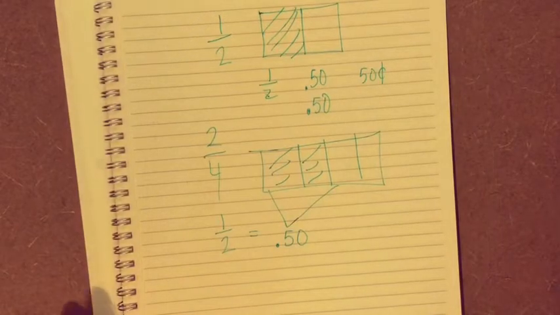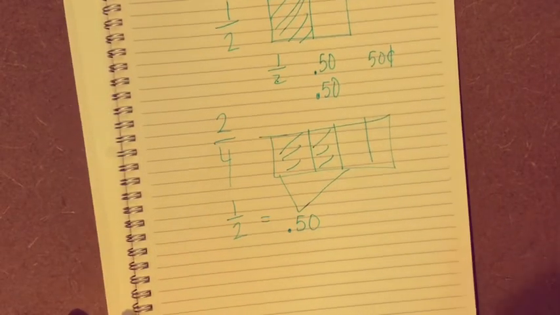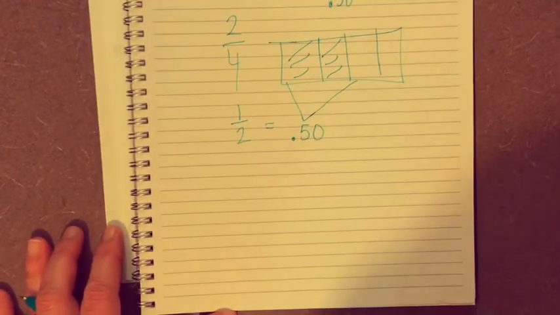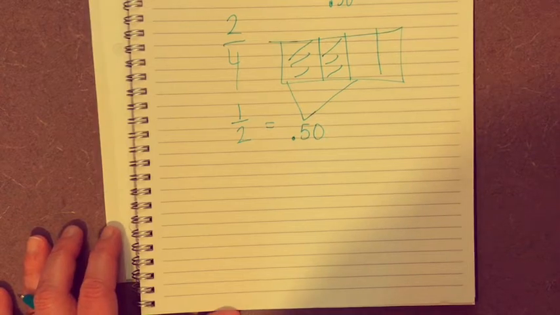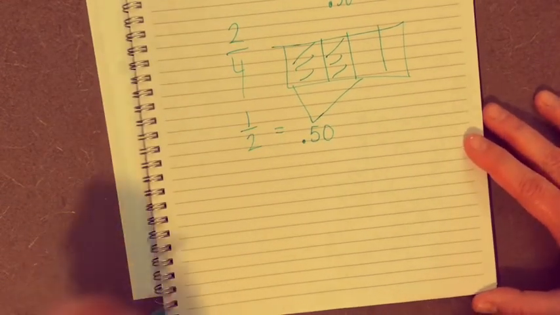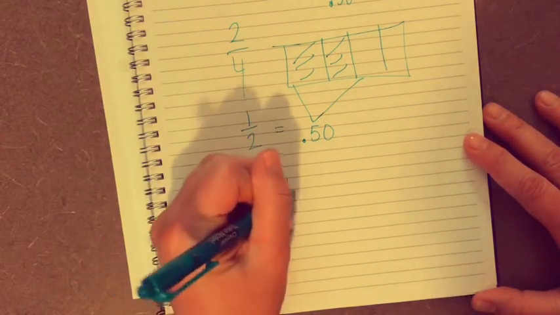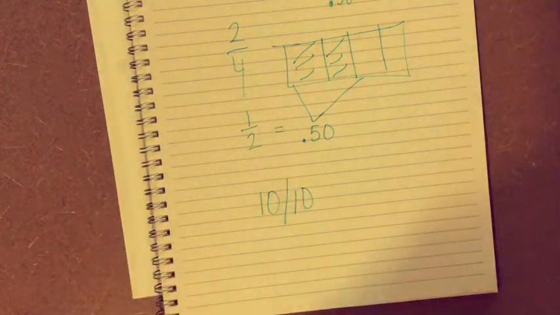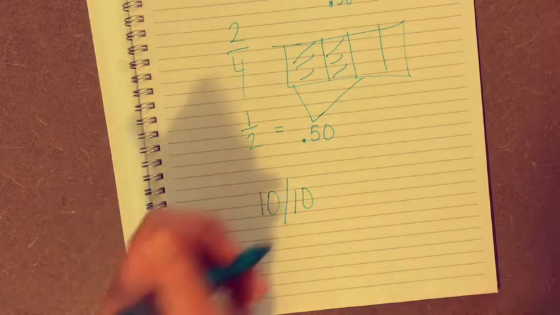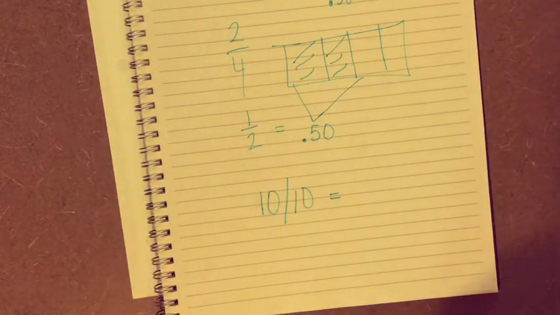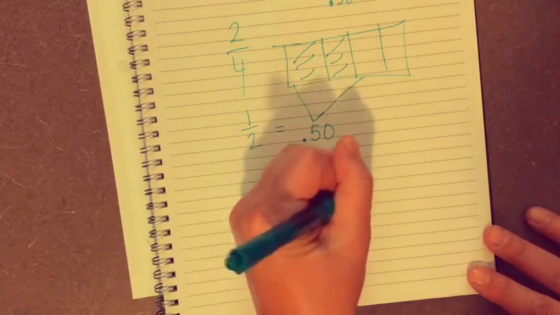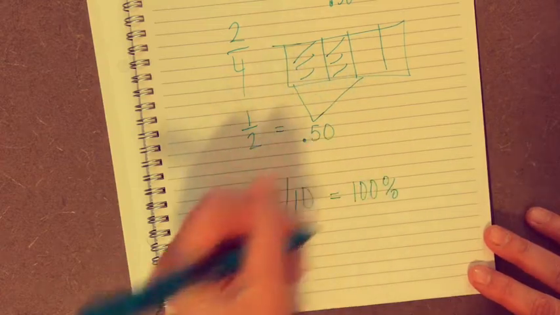Another way of looking at this, and sometimes you guys have asked me about this too, is thinking about grades. We've talked about when you get a little bit older, you're going to get letter grades. If there were 10 questions on a quiz and you get 10 out of 10 questions, that would be 100%.